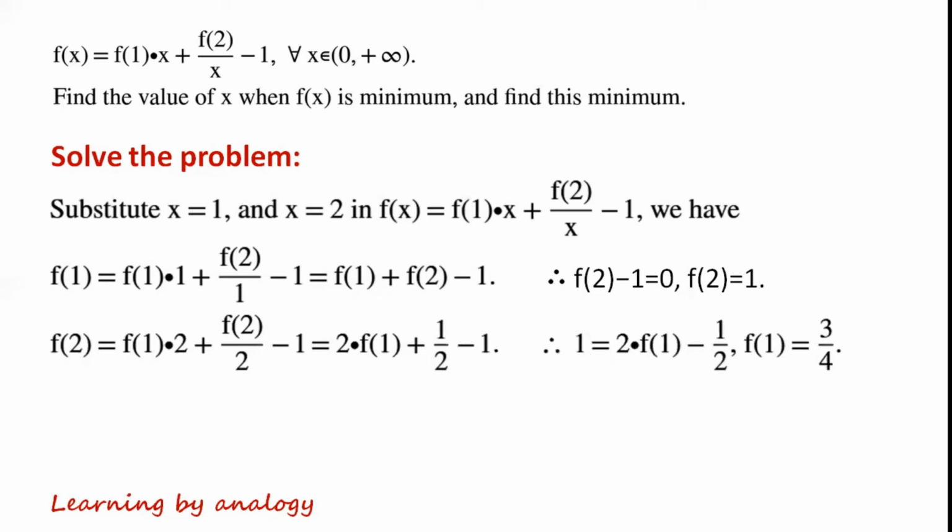So 1 equals 2 times f of 1 minus a half. f of 1 equals 3/4. So f of x equals 3/4 x plus 1/x minus 1.